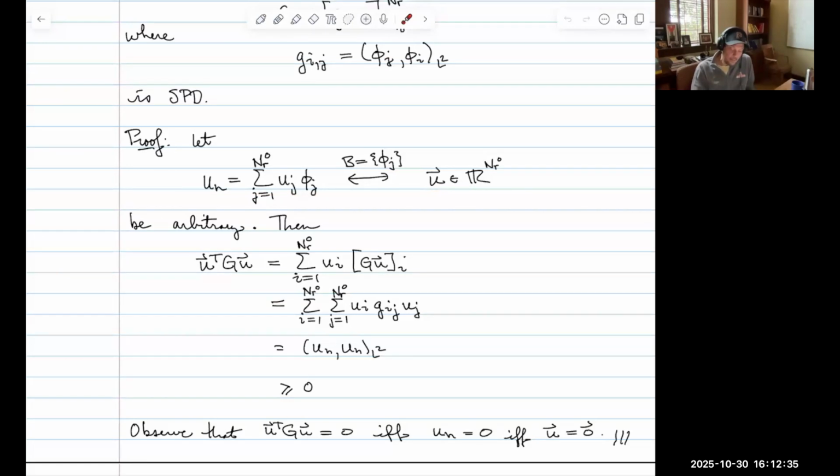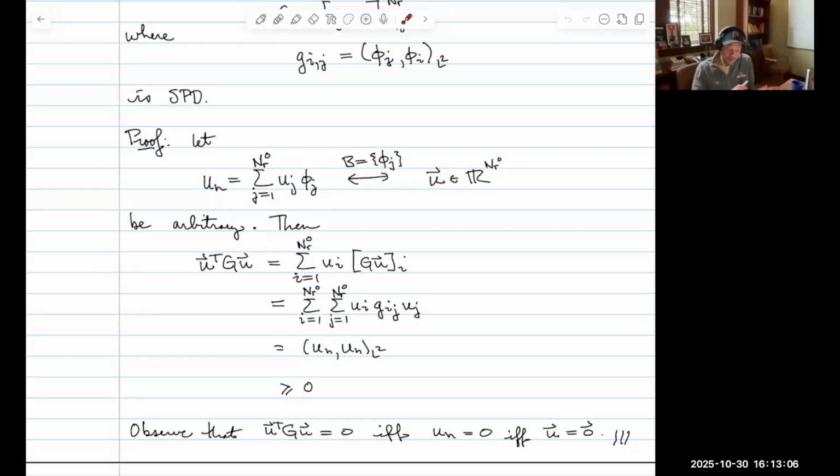In fact, what I mean here is that this finite element function has a unique coordinate vector, and there's a one-to-one mapping between finite element functions and vectors in this space R^n. And the way that these are realized is that this vector has these coefficients, which are the coefficients in the basis expansion. That's where this derives from.